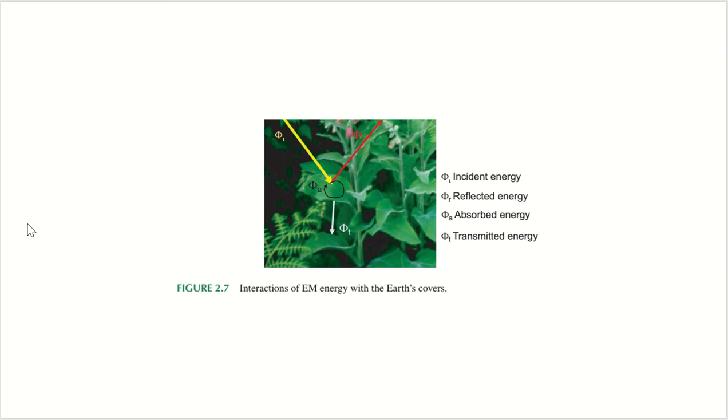Moving on to another review slide. This is the physical model of electromagnetic energy interaction with Earth material. In the figure here are leaves, and the model applies to leaves, but it applies really to everything. So of the incident energy, phi iota, I guess, if I'm reading it right, the yellow line, of all the energy that's coming in and is incident or interacting with the leaf, some will be reflected, that's the red arrow, subscript R there.